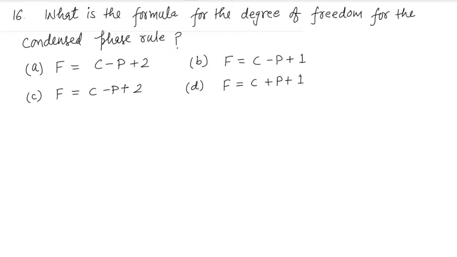Bhavna, Mariam, Shraddha, Anjana, good. Okay, what is the formula for the degree of freedom for the condensed phase rule? Phase rule is F equal to C minus P plus 2.